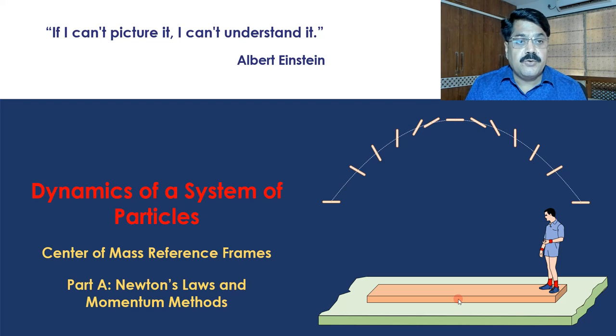Otherwise, if it is not so, quantities are given in the ground frame and asked in the ground frame, and we start analyzing the problem in the ground frame. In the solution process, sometimes there may be some intermediate quantities which may become too cumbersome or impossible to calculate.